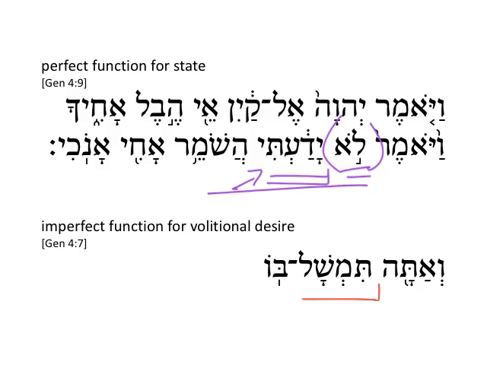Now, in this case, timshal is what we call imperfect third masculine singular. If that's all we had is that word, we would say you will rule. But we're not saying that because this is part of advice.